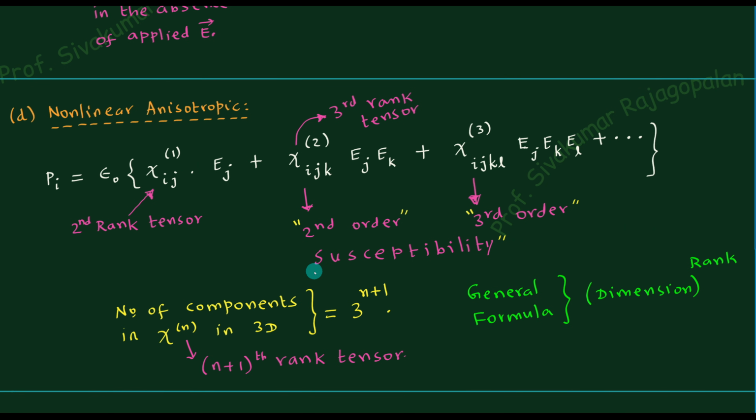In one sheet of paper, you write down a 3 by 3 matrix. In the second sheet, you write down another 3 by 3 matrix. And in the third sheet, you write down the final 3 by 3 matrix. Now count how many elements there are. First sheet has 9 elements, second sheet 9, and the third one is also 9. So 9 plus 9 plus 9 is 27.